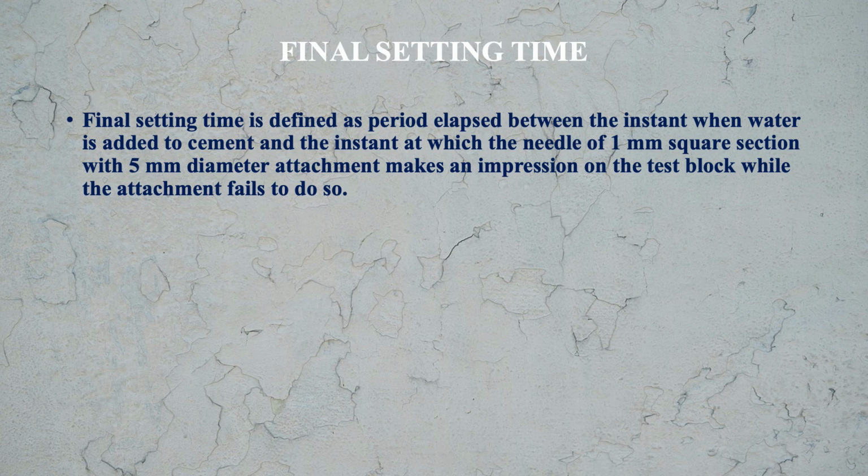Here you see that along with the 1 mm square section needle, there is an attachment with a diameter of 5 mm. What we require is that the needle is able to make an impression on the test block while the attachment is not able to make any impression. Then we call that time the final setting time.